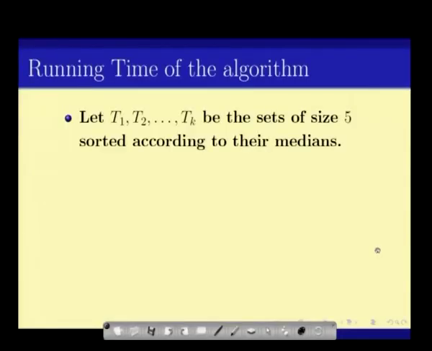Now, what is T of S1 and T of S2? Can we get an upper bound on that? Since T1 to Tk are all sets of size 5 sorted according to their median, note that k over 2 is basically the median, which turned out to be the pivot. So, the third element of T k over 2 is x, which is the pivot.